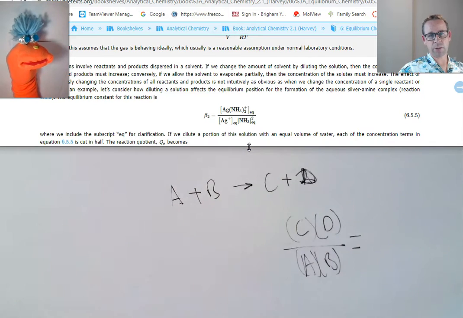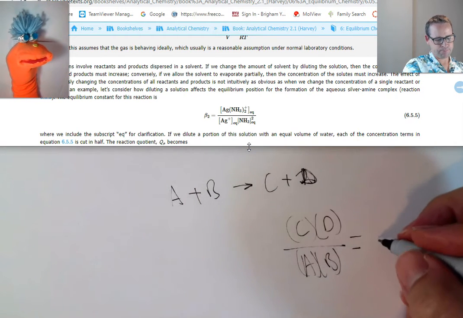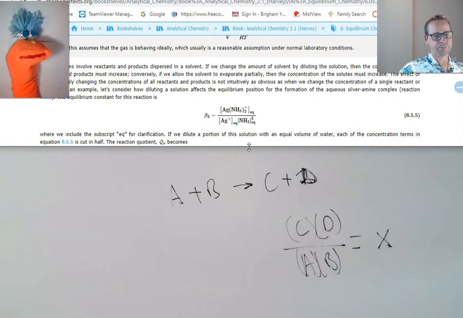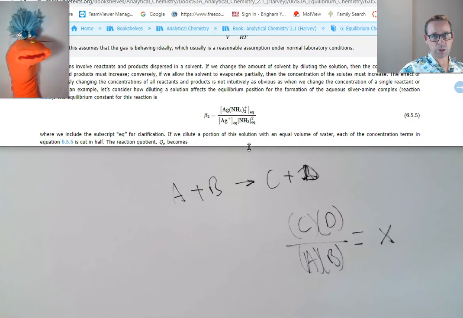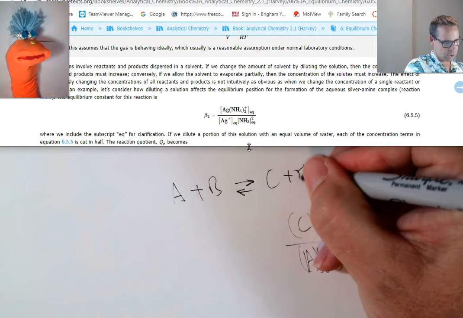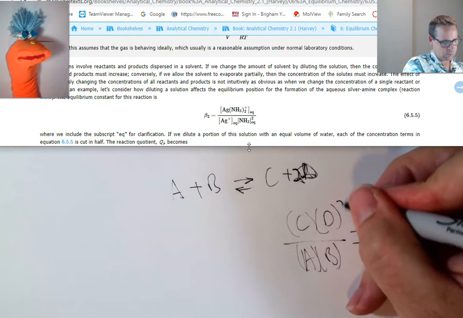And let's give that some value. Let's say that that is X. Is that okay? Okay. Now, if all of a sudden I alter the concentration, let's put a 2 in here, squared.